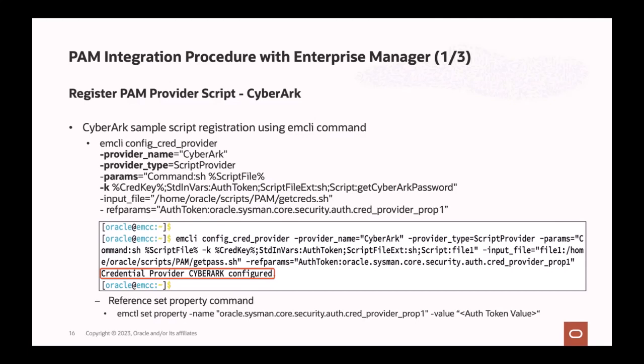In the reference parameter, I have defined the mapping, which is auth token to the OMS property. The OMS property can be set using EMCTL set property to indicate the authentication token. And this is a sample output. When I run emcli config_cred_provider, you can see that the CyberArk script is registered in Enterprise Manager.